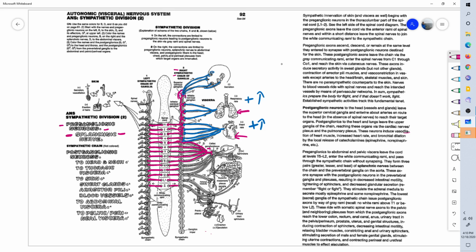And repeating, below that area, in the abdominal area, they move right through the neurons to a plexus and a ganglia that's farther away.